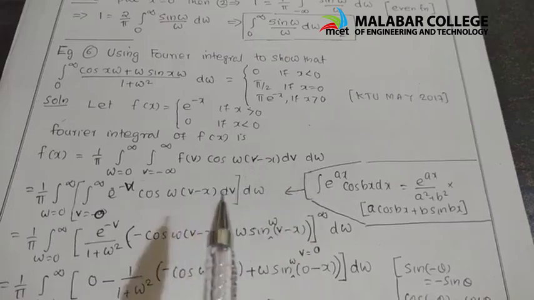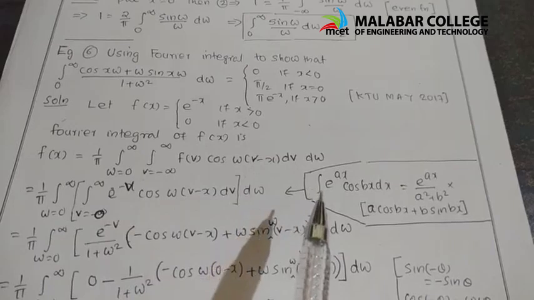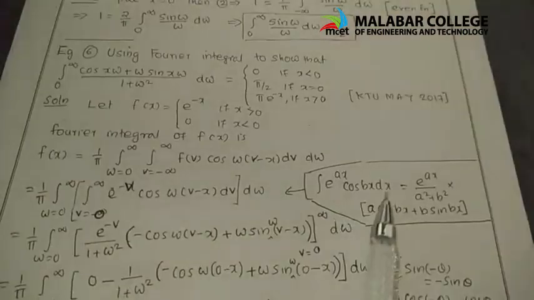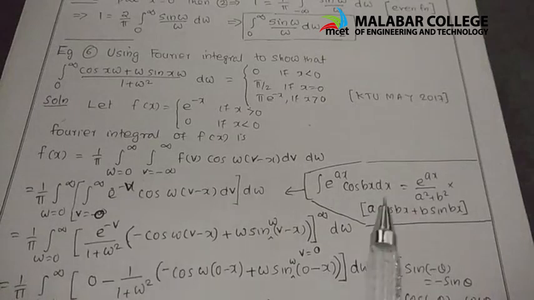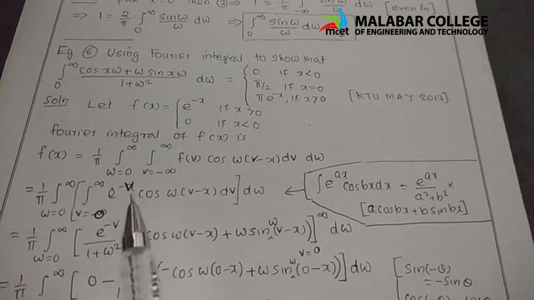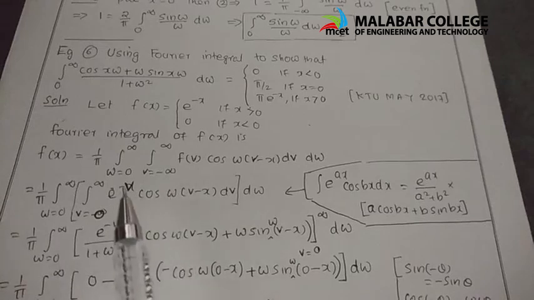So I have to integrate with respect to v first, and we have to use this formula for this: integral e raised to ax cos bx dx equal to e raised to ax by a square plus b square into a cos bx plus b sin bx. In place of a and b: e raised to ax means e raised to minus v here, so in place of a we have minus 1.